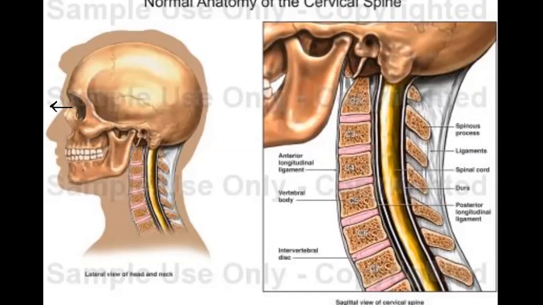So what happens with the cervical spine is we have the bones, and then between the bones, you'll notice these little pink areas. These are called discs. And what discs do is they act as shock absorbers on the spine. We'll be talking more about cervical discs in a little bit.